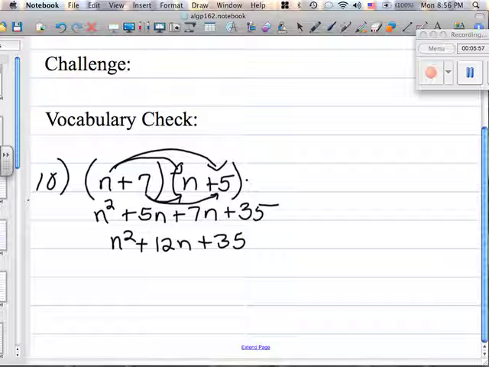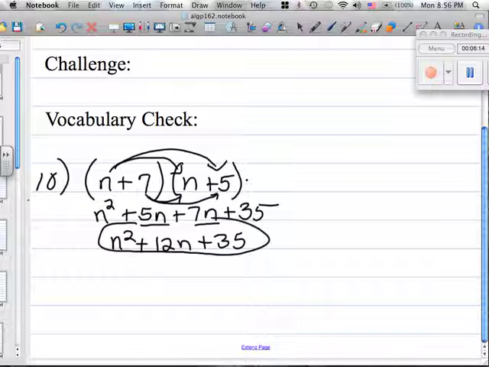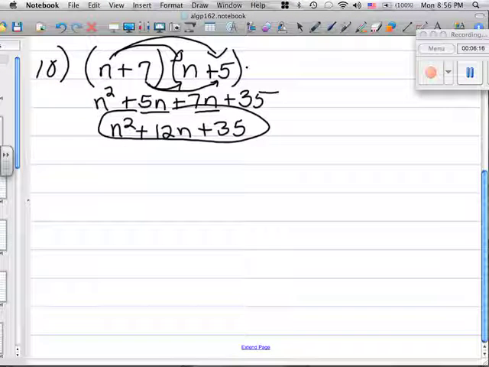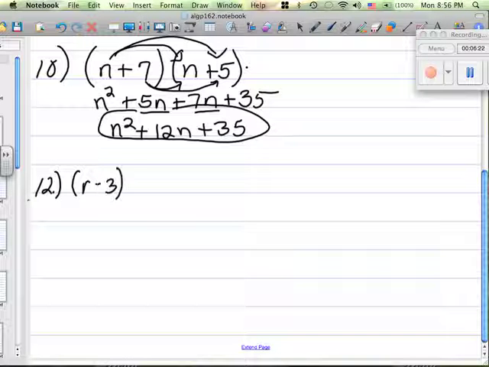So you end up with 4 terms when you use FOIL. And then simplify, collect the like terms. So we have n squared plus 12n, because the 5n and 7n make 12n, plus 35. And that's your answer. Problem number 12, you have r minus 3 times r plus 6.